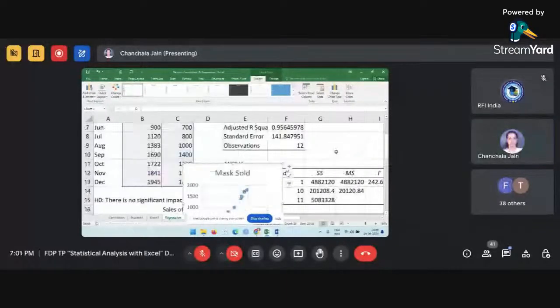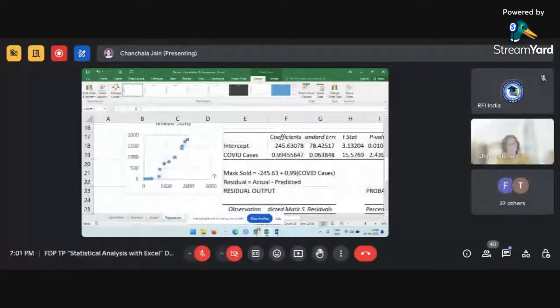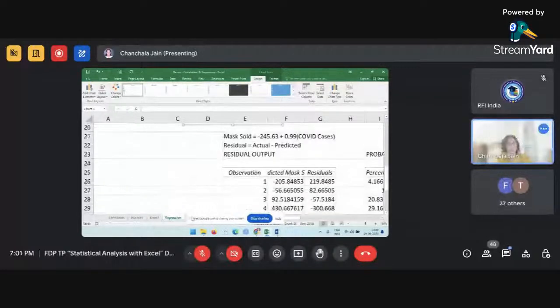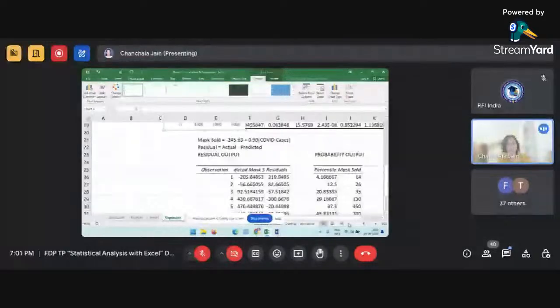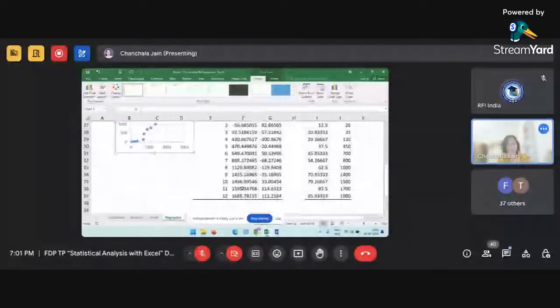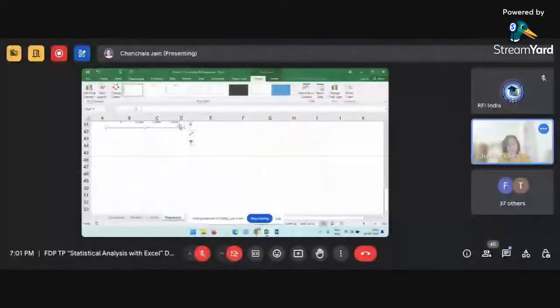The different correlation and other options are there, right? If I want to plot a graph for mask sold equals minus 245.63 plus 0.9 into COVID cases, so where and how do I plot that?